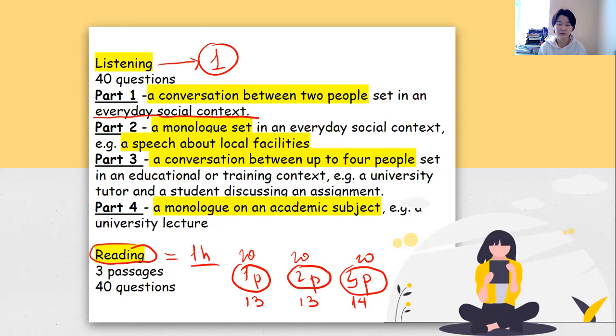Examiners will check that answer sheet, not your papers. So the time for filling the answer sheet is included in this 1 hour, within these 60 minutes. You should have an extra 3 or 5 minutes to complete this answer sheet.